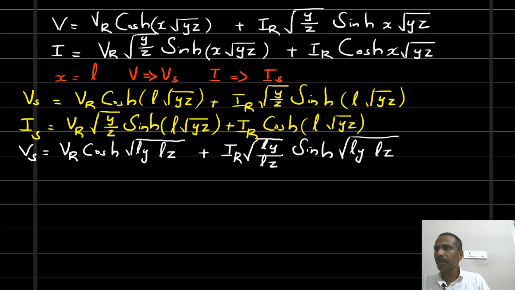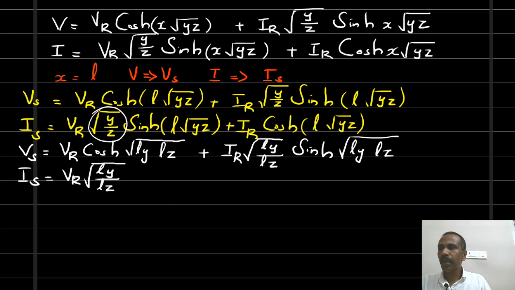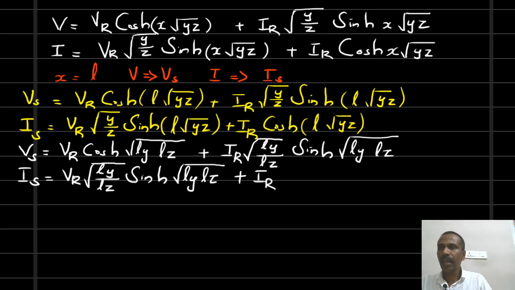Similarly, the current equation becomes VR into root of Ly divided by Lz. We are multiplying this term with L both on the numerator and the denominator. Sinh, it is root of Ly Lz, plus IR into cosh root of Ly Lz.